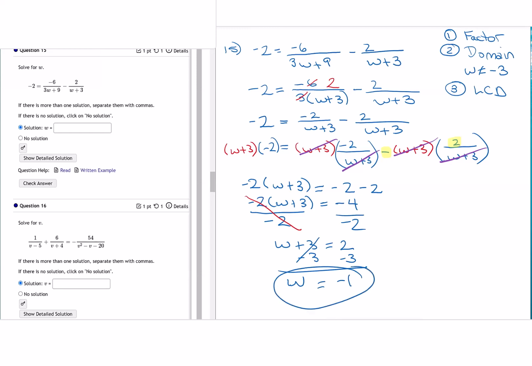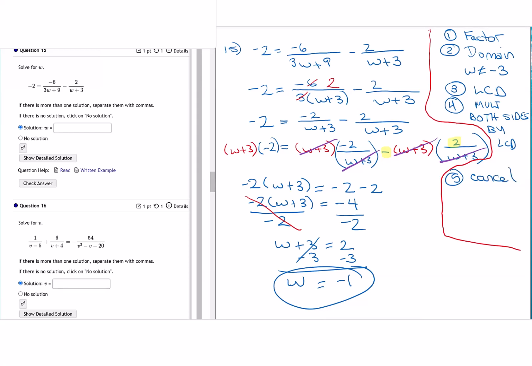I check my domain, step 3. Step 4, multiply both sides by LCD. And number 5, cancel and solve.